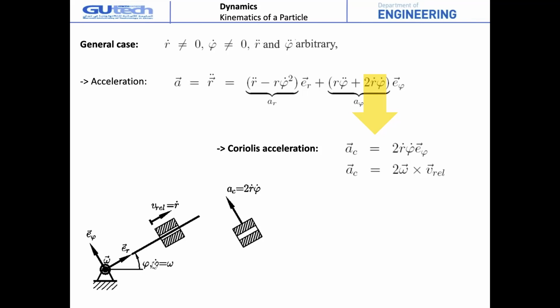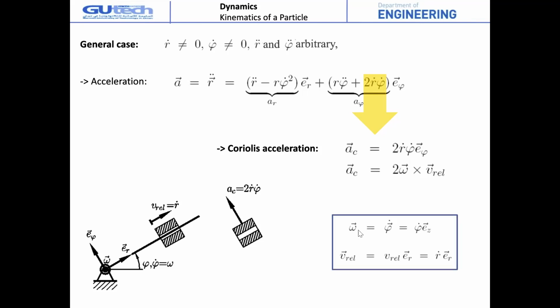The angular velocity omega is only phi dot, and omega is perpendicular to the plane of e_r and e_phi. Then omega is given by phi dot along the z direction, and the relative velocity is always given in the radial direction, as it's the translation.